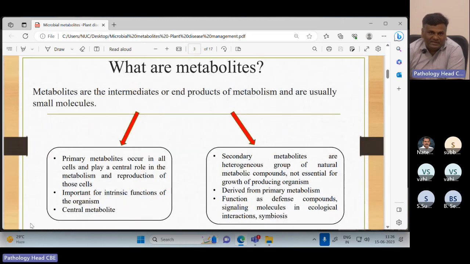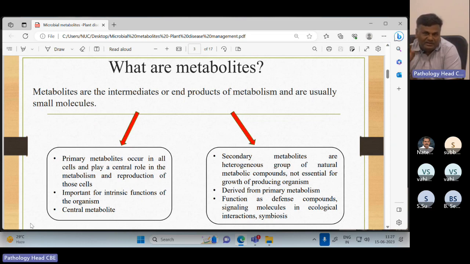So basically, what are metabolites? Metabolites are of two types: primary and secondary. The primary includes most of the essential compounds, even vitamins and hormones. All these come under the primary metabolites, which are basically required for the functioning of the organism. The secondary metabolites are not life-saving compounds, but they are very important in maintaining the population of the organism.